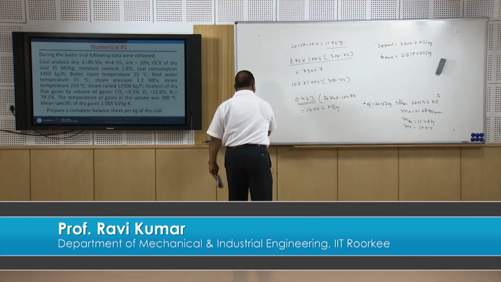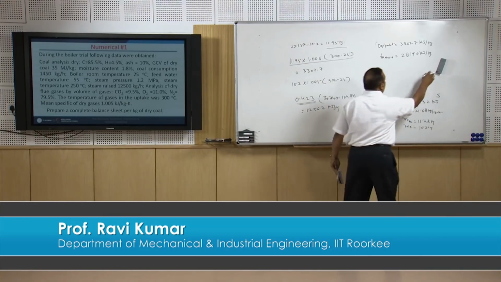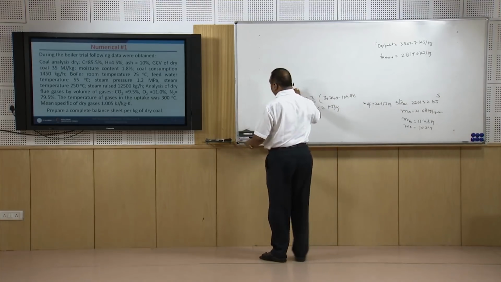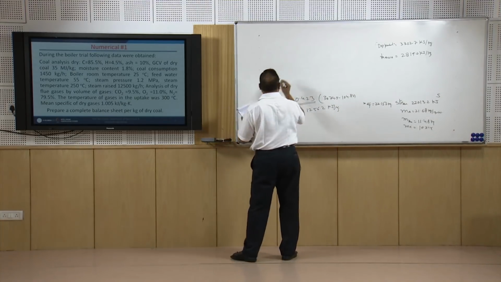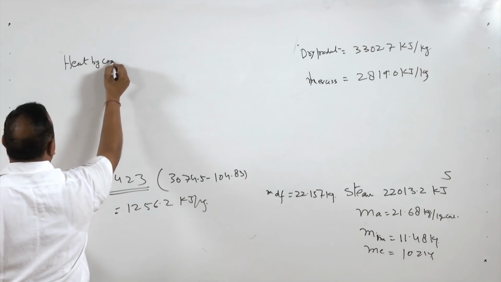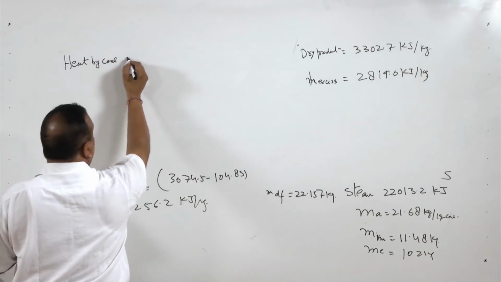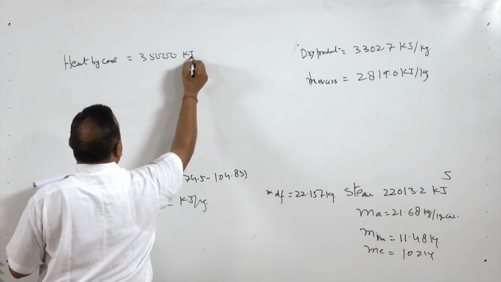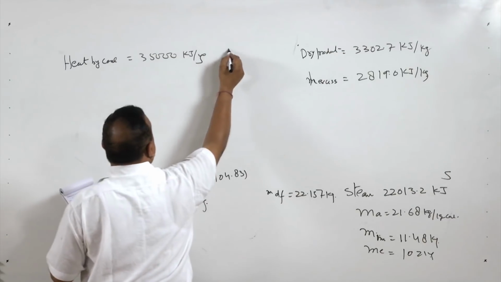So now we have everything. Now we have information about how much heat is going where. First of all, let us see how much heat is supplied in the boiler. Heat by coal is equal to 35,000 kilojoules per kg, that is 100% heat.